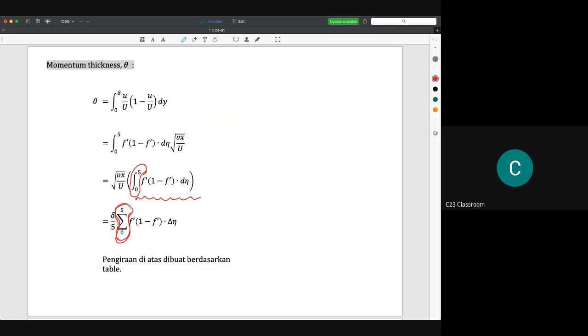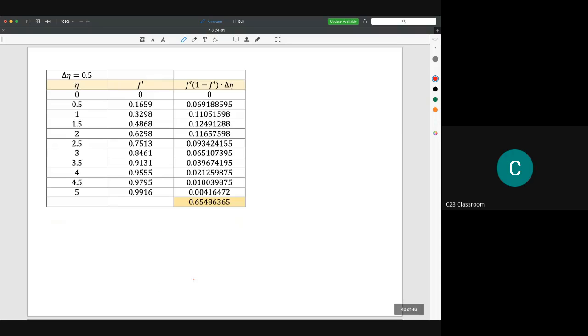Then we have f prime times 1 minus f prime, and we have d eta, which means delta eta. This calculation needs to be done according to the table. So how do we do this? Okay, let's say.